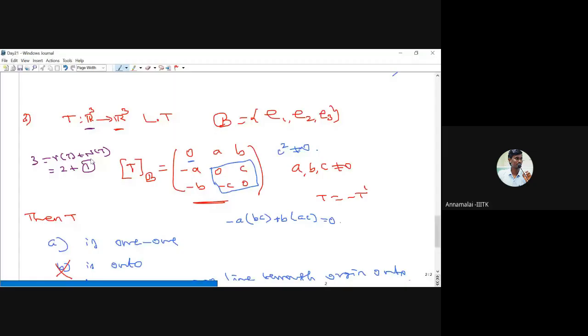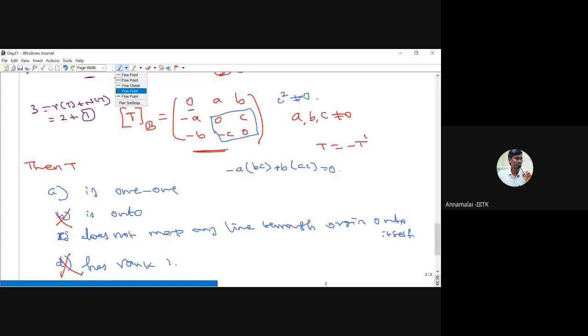By applying the rank nullity theorem to this function, rank plus nullity equals the dimension of the domain, which is 3. Rank of T plus nullity of T, and just now we found that rank is 2. Therefore, nullity should be 1. The map is 1-1 only if nullity is 0. Here nullity is 1, therefore it cannot be 1-1.